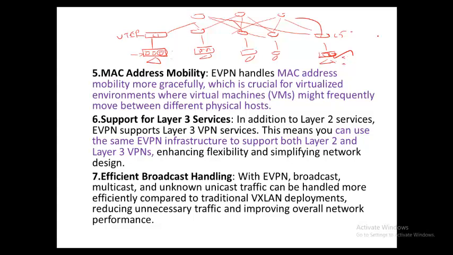Okay, next, support for layer 3 services. In addition to layer 2 VXLAN services, EVPN supports layer 3 VXLAN service, which means you can use the same EVPN infrastructure to support both layer 2 and layer 3 VPN. Right? We already saw the word integrated.